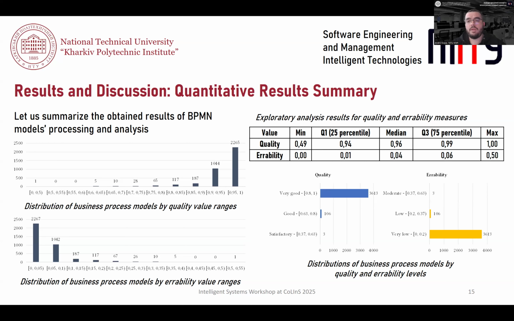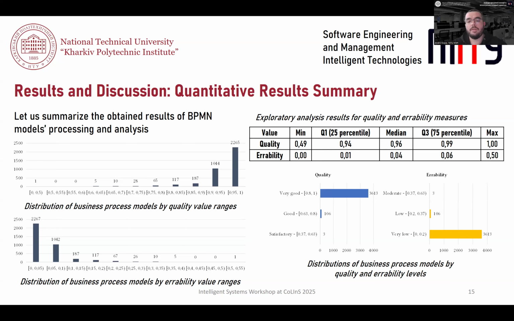And errorability shows that the maximum errorability rate is 0.50, with 25% of models above the 75th percentile having errorability greater than 0.06, with a median of 0.04 and the 25th percentile of 0.01.